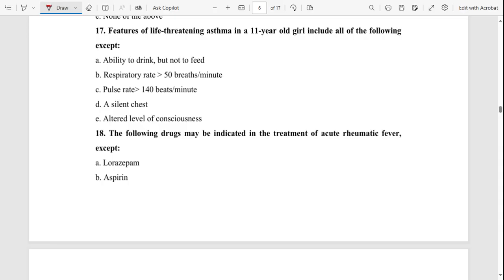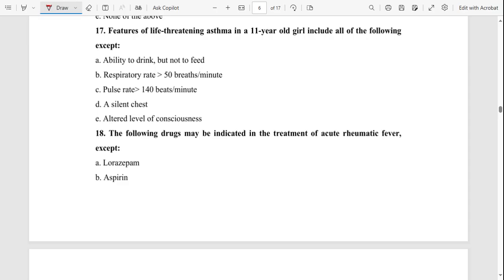Although, in life-threatening asthma, if they are not able to talk or feed, that is a sign of the severe form, including drinking.